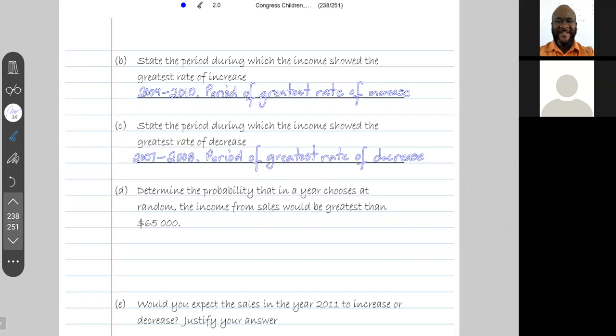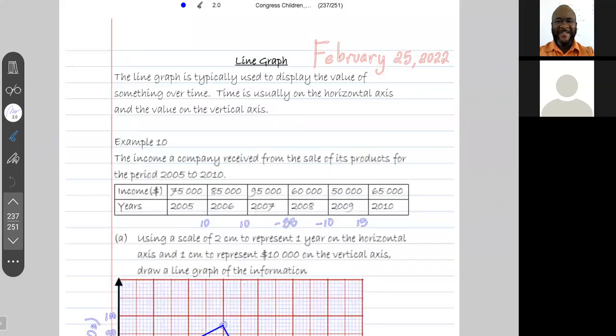Next, we're asked to determine the probability that in a year chosen at random, the income from sales would be greater than 65,000. So let us see how many times the income has been greater than 65,000.